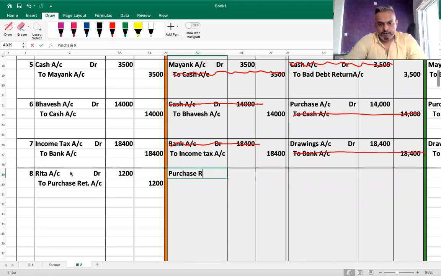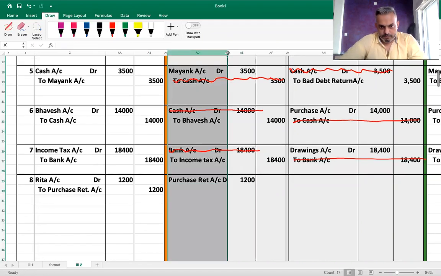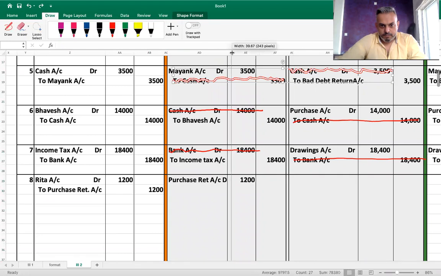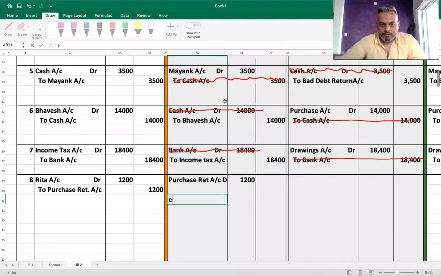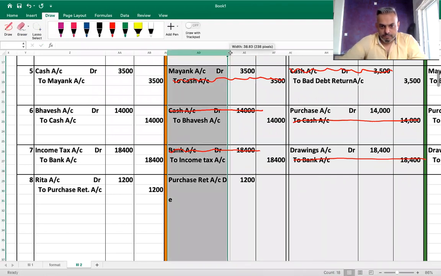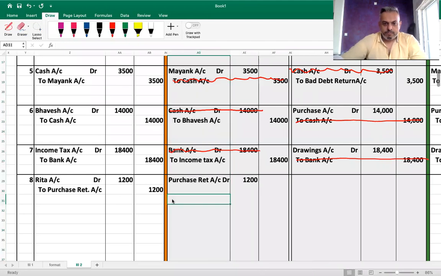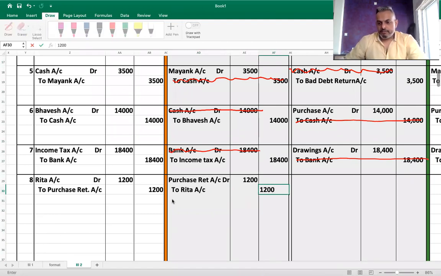So purchase return account debit 1,200 to Rita account 1,200.